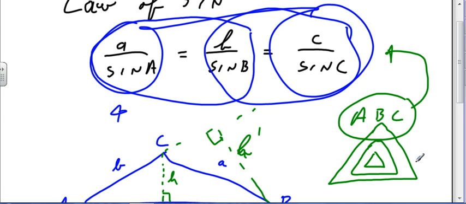Because I can draw similar triangles all day, and I have an infinite number of them. Without knowing one of the sides, I won't be able to solve that triangle if I have angle, angle, angle. What if I have two angles and the side opposite? So there are going to be cases where I'm not going to be able to solve.